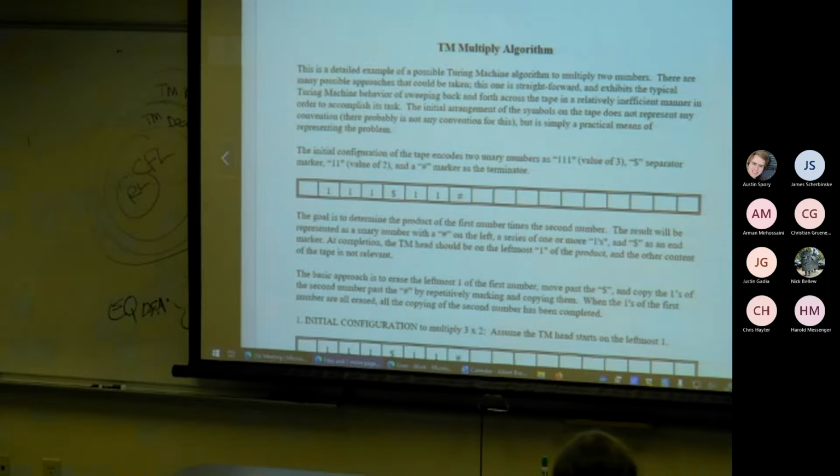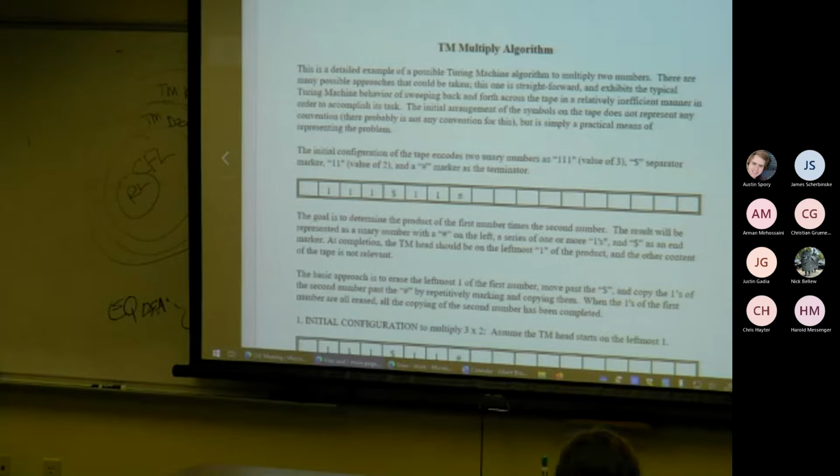In the homework that is posted, the last problem, I'm looking for you to have a pseudocode description of how the machine would work.